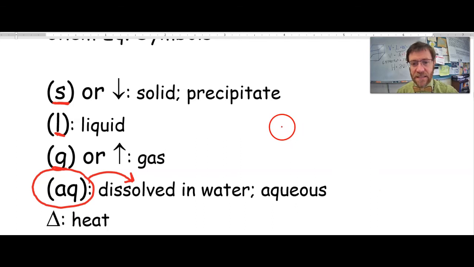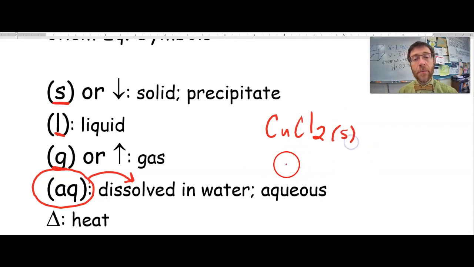So it'll look kind of like this. Let's do copper chloride, copper(II) chloride. It can show up in a lot of different ways, so we use a little subscript. This one means copper chloride solid, so it's going to be little granule crystals, right? However, we could also write a cursive L, for liquid.